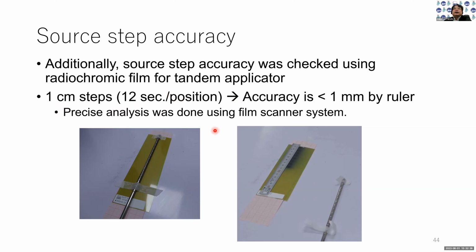And we checked that the accuracy is less than 1 millimeter using the ruler. Of course, precise analysis was done using a film scanner system, and we got a very good result. That means the discrepancy is less than 1 millimeter.